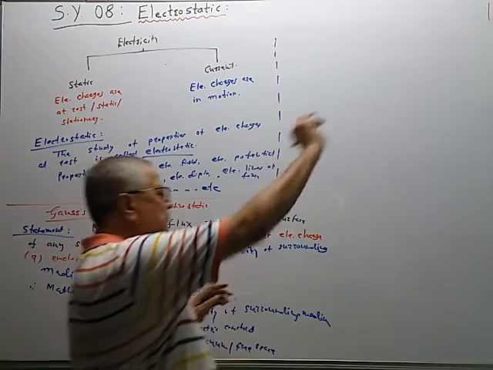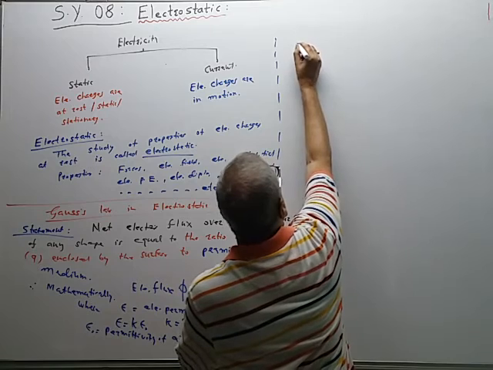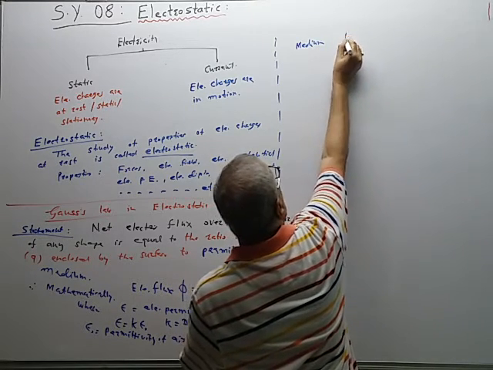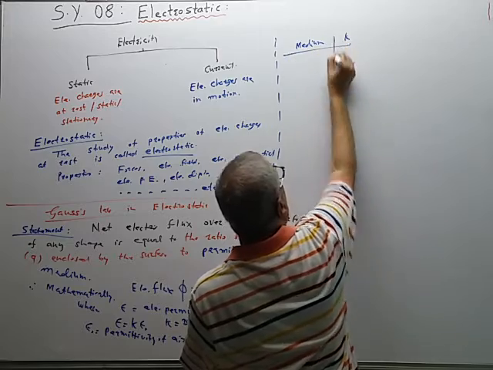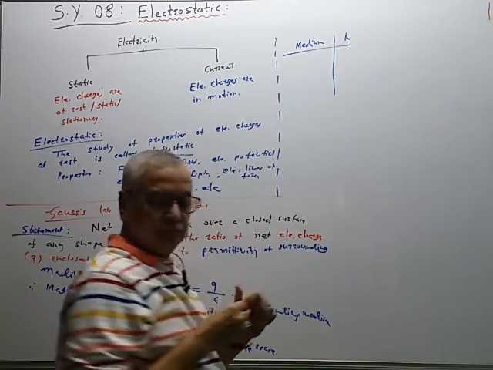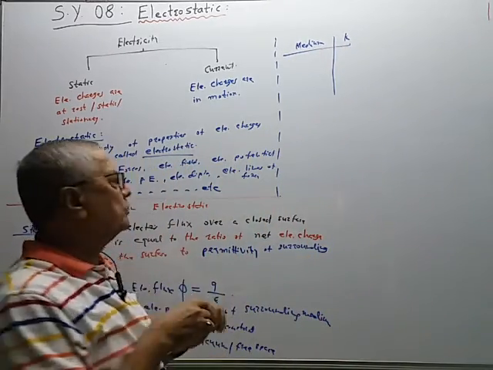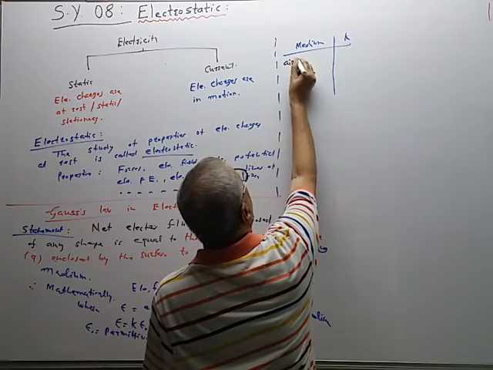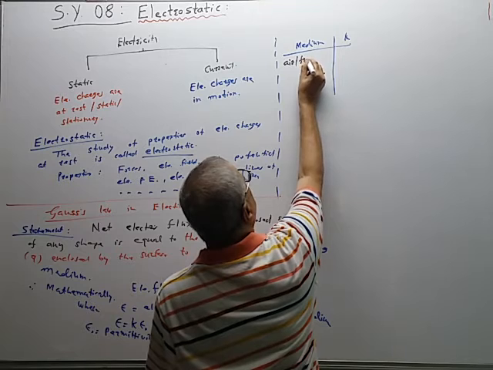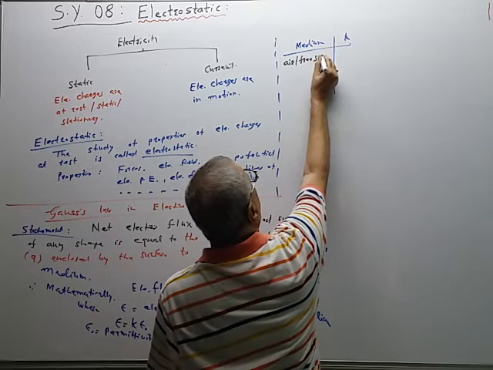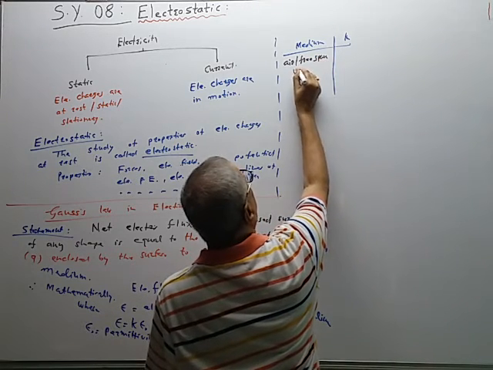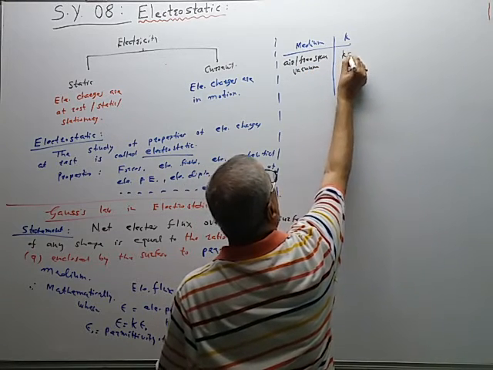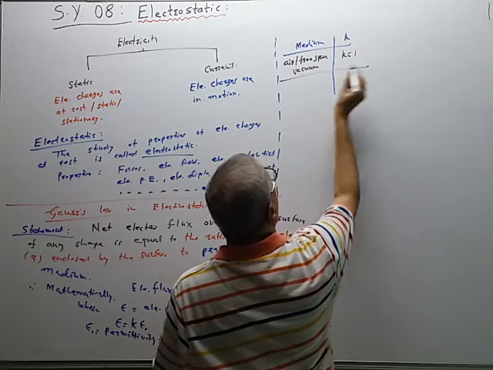Last year we have made this table: medium and value of K. For air, free space or vacuum, for all the three media we take K is equal to 1.